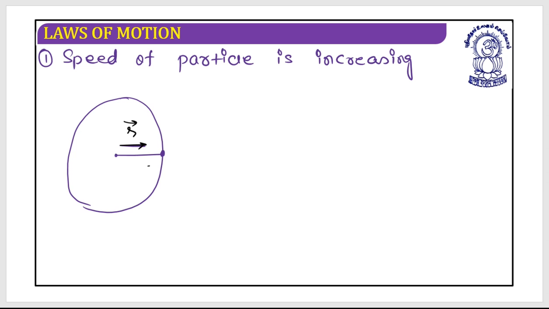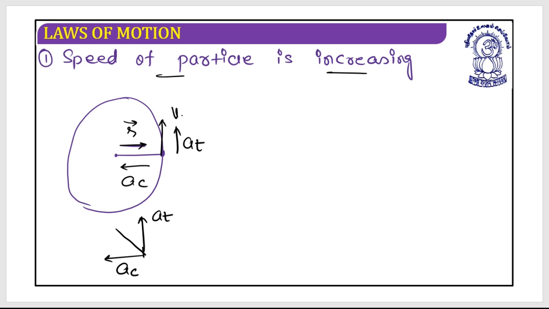This is position vector r. This is AC. If this is v and speed is increasing, that means AT, the tangential acceleration, must be in this direction. So AC is in this direction, AT is in this direction, and the resultant of these two accelerations must be in this direction.